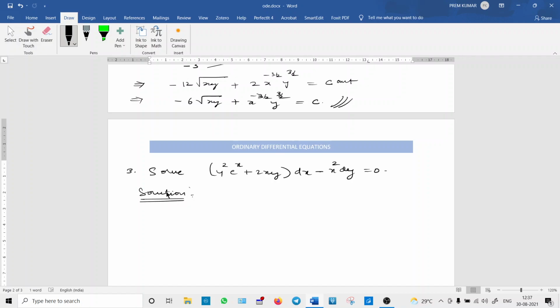Solve. And then this is 1. The equation 1 is definitely not exact. Not exact.